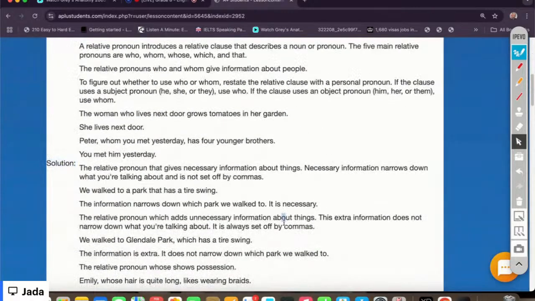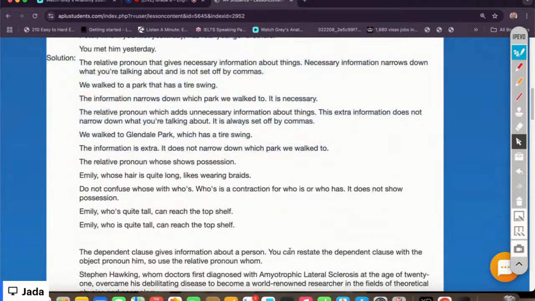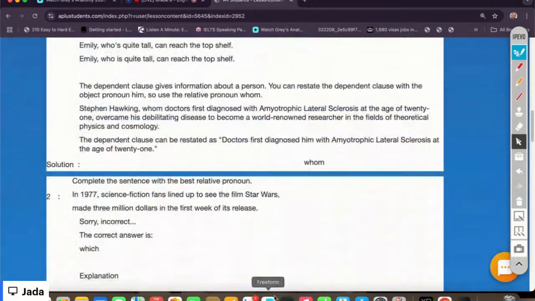So we will say which one, what is the right pronoun there? So whom, okay, so whom doctors first diagnosed with amyotrophic lateral sclerosis. So you can restate the sentence and then say that you can use the object pronoun him, like the doctors diagnosed him, okay.